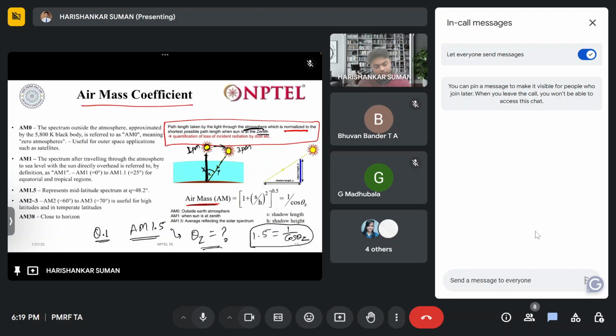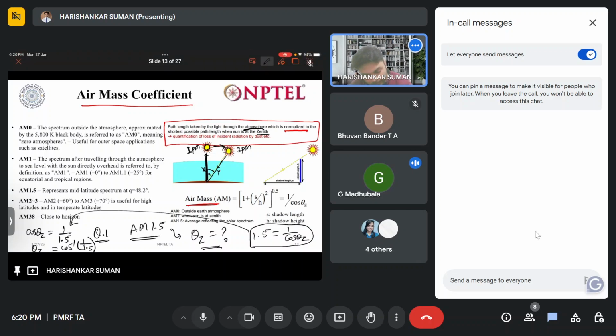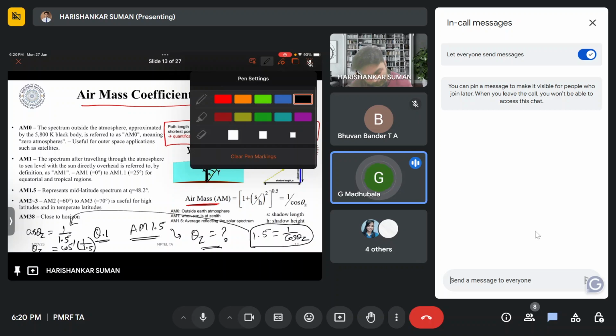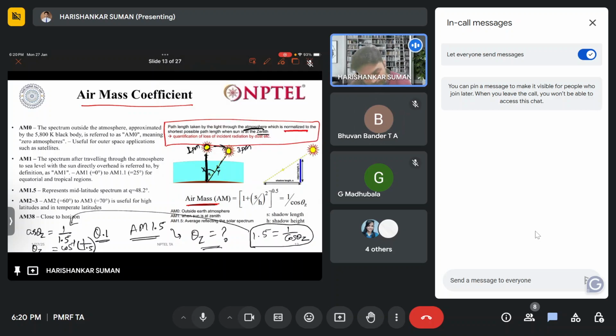Can we convert like that? 1.5, and take the cos inverse of this much. Now find. 48.189, 48.1. Yeah, very good.